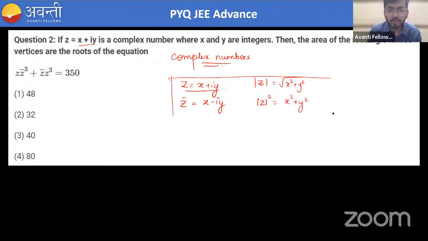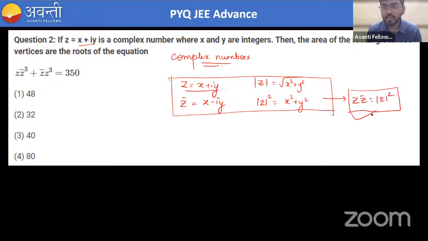So these are the results that we will be using for solving the question. And one more result, that z times z conjugate is equal to mod z square. So this is a very important result. Many questions have been asked based on this result previously in IIT JEE Mains as well as Advanced.